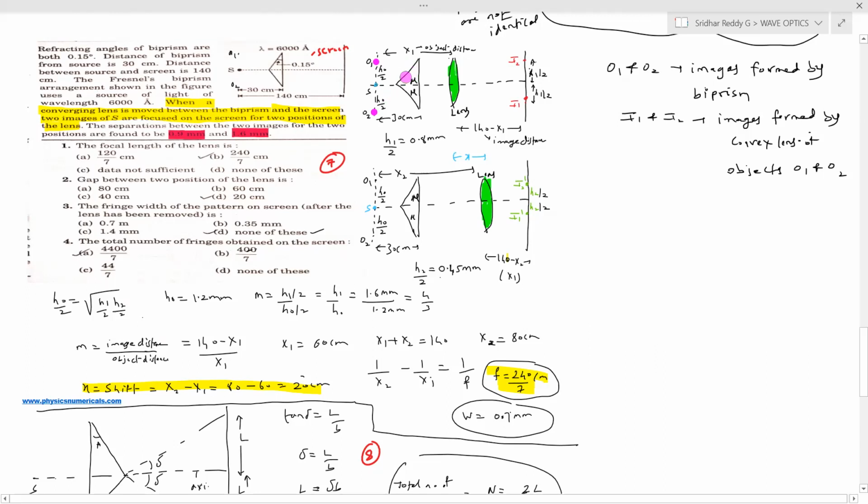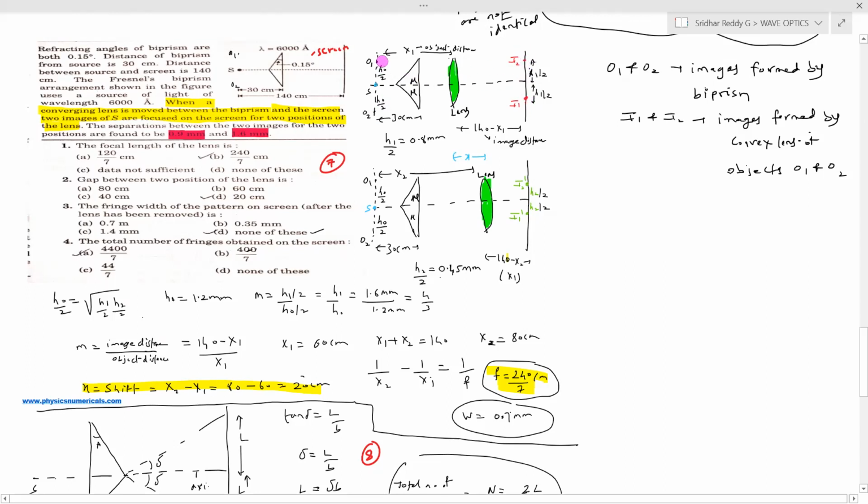So let it be at a distance h0 by 2 from the source. Now what I do is keep a lens. For one position of the lens, the distance is x1 when the lens is at a distance x1 from O1 O2. Then the images formed on the screen are I1 and I2.